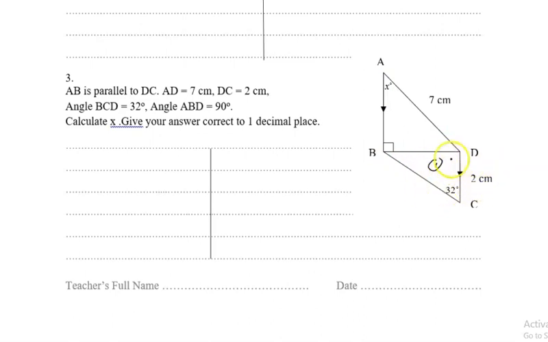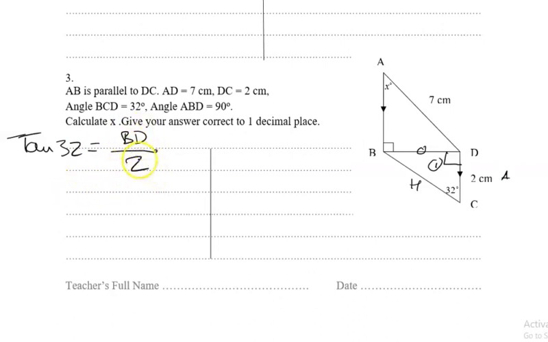So we're going to use SOHCAHTOA to work out the length of BD. So this is a hypotenuse, this is an opposite, and this is an adjacent. So we need to work out O. We have A. So TOA. So tan 32 equals O, which is BD, over A, which is 2.